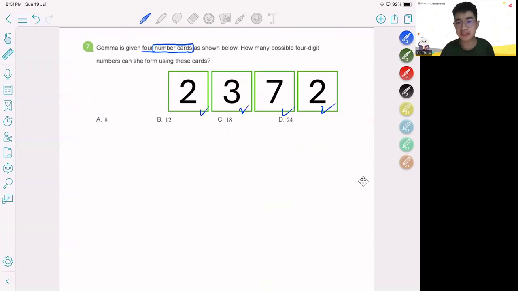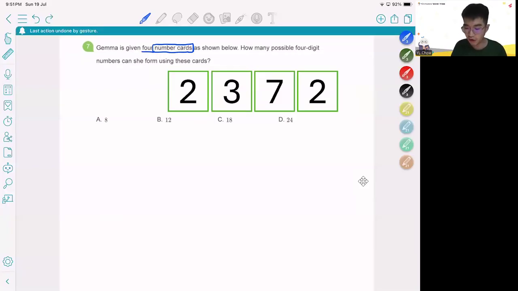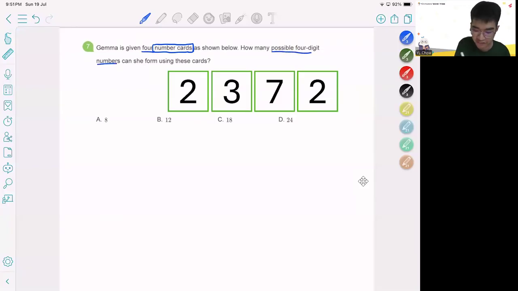For example, I must use 1 three, 1 seven, and 2 twos. I cannot have, for example, 3 3 7 7. She wants to use these four number cards to form four-digit numbers. How many possible four-digit numbers can she form using these cards? I must use all four cards.